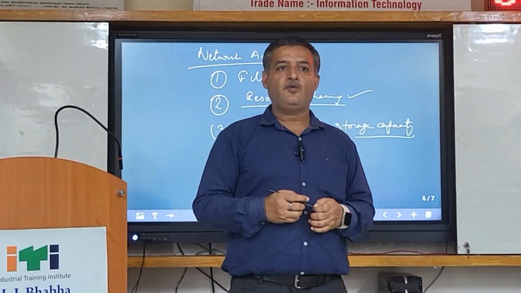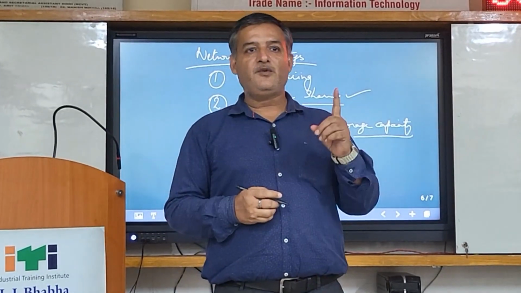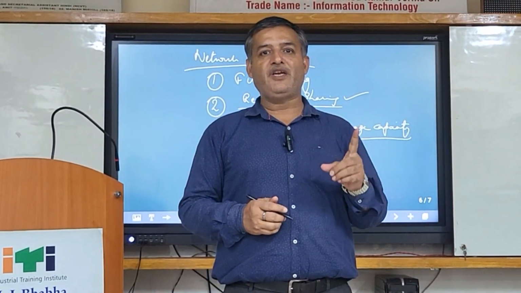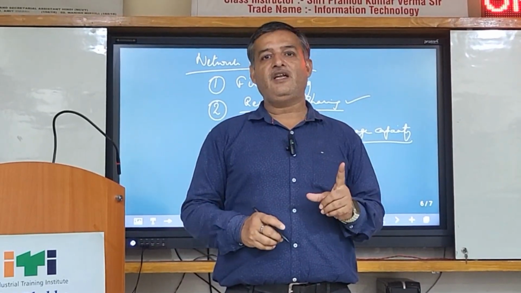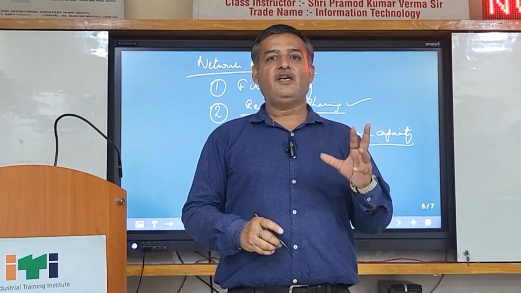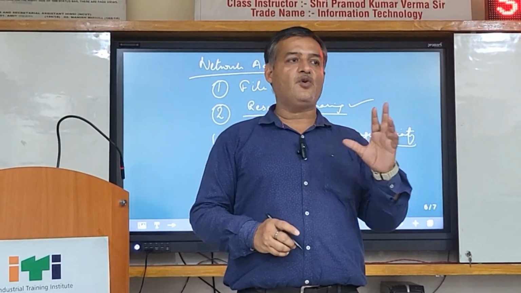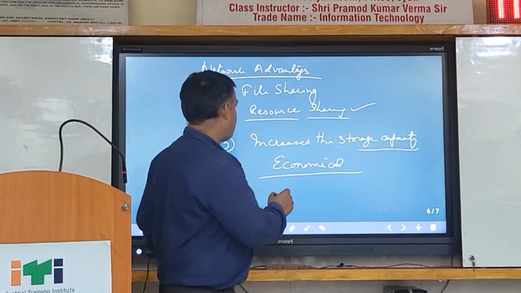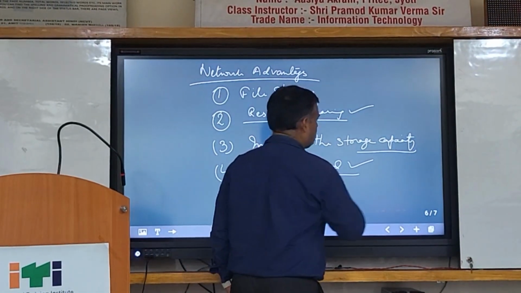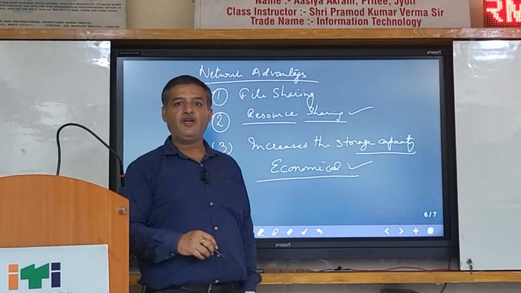So what is the advantage? We are economically doing our job with the purchase of a single printer, which is beneficial for several computers. So the economical part is also involved in computer networking.